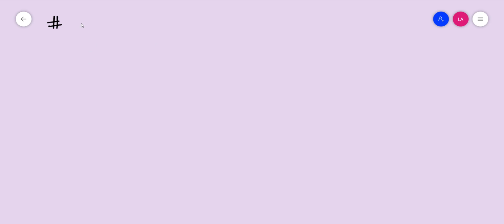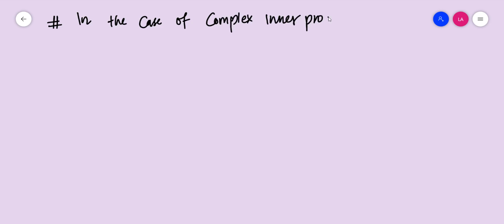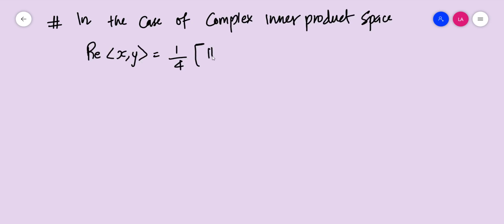It can be stated as follows. In a complex inner product space, the real part of the inner product xy should be equal to 1 by 4 times norm of x plus y the whole square minus norm of x minus y the whole square.